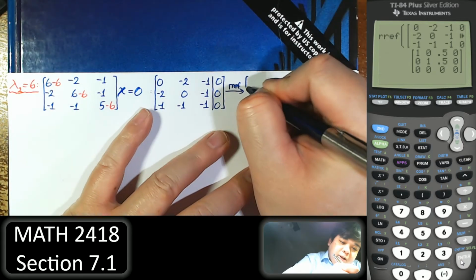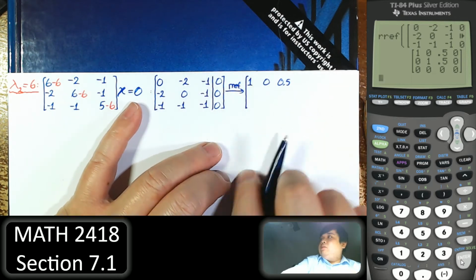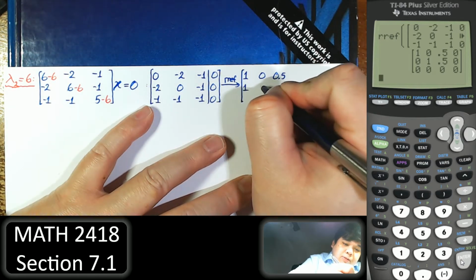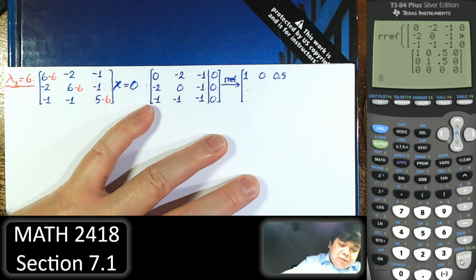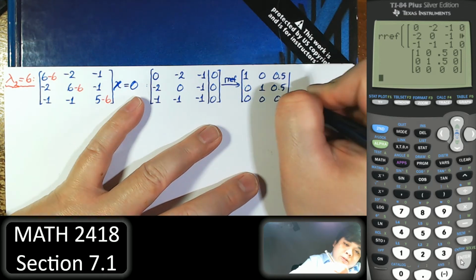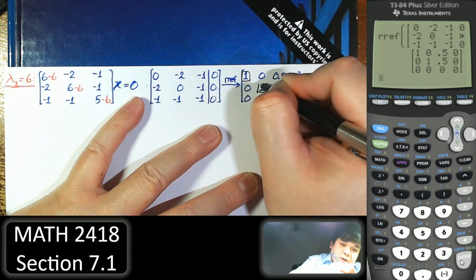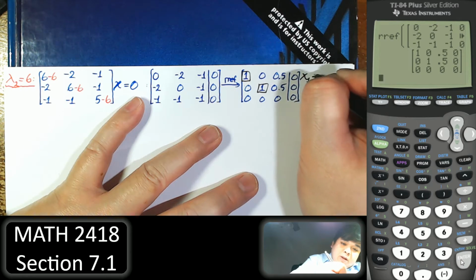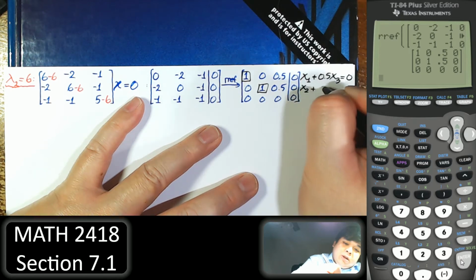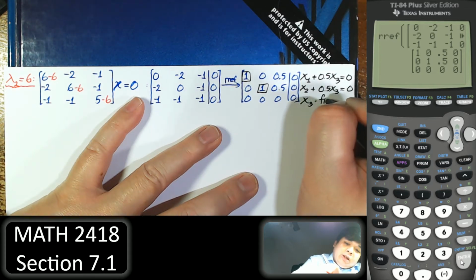So we will have 1, 0, 0.5. So we have x1 plus 0.5 x3 equal to 0, x2 plus 0.5 x3 equal to 0, and x3 is free.